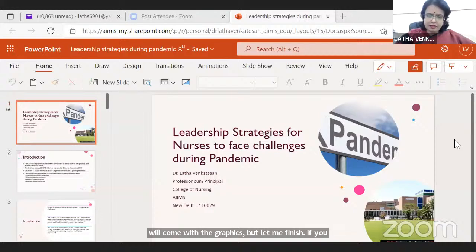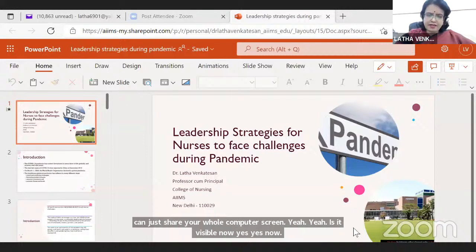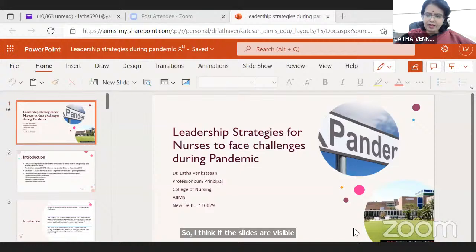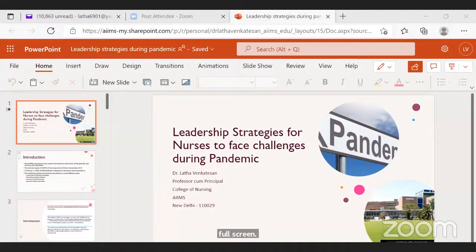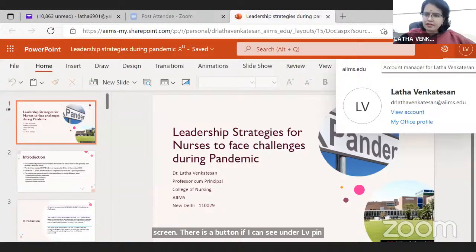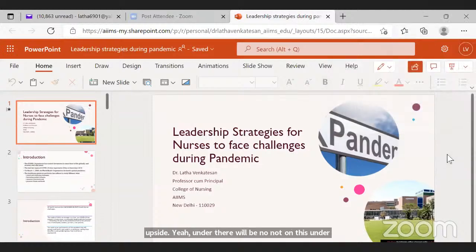Okay. So I think if the slides are visible now, can I do it like this? Ma'am, you can try for the full screen. There is a button, if I can see, under LV. There is a button upside. Just under it, like the drop down menu under the LV, there is a left button which is like a glass.